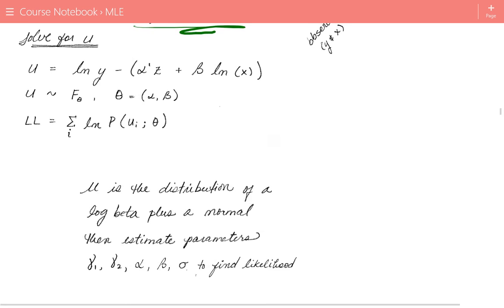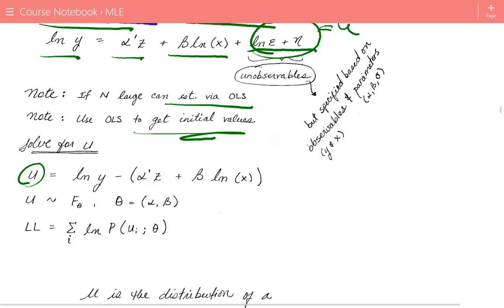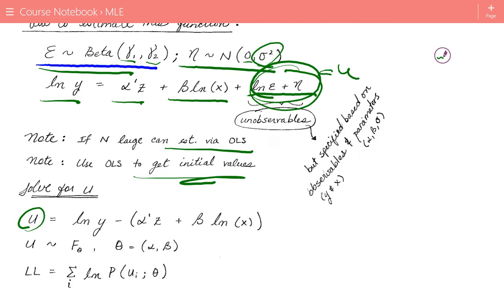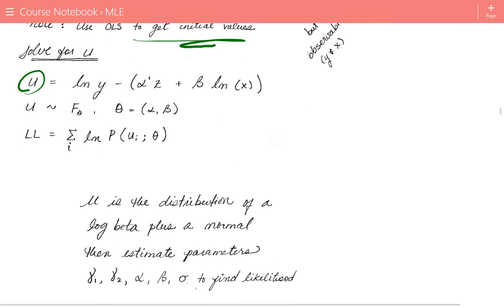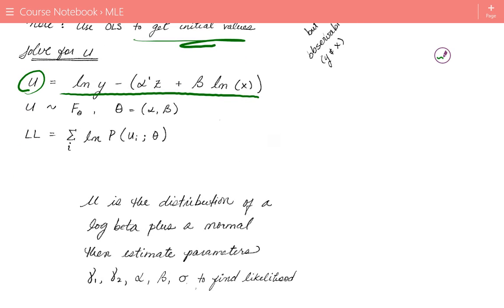But let's consider now for the moment how we would go around specifying a likelihood function. Well, we consider u then, we can solve for u, right? This part is u, so u is going to equal log y minus this part, right? So here we go, u is equal to log y minus quantity alpha z plus beta log x.